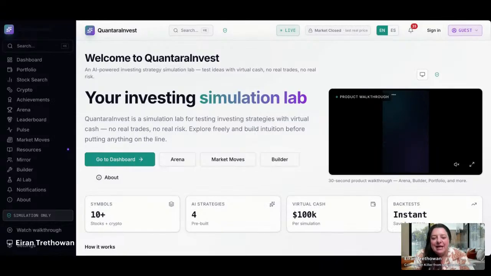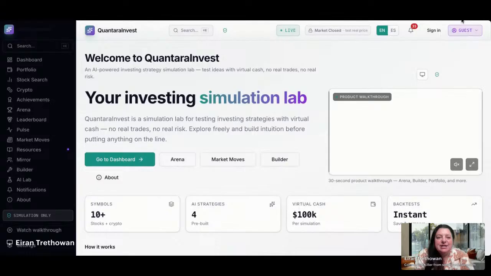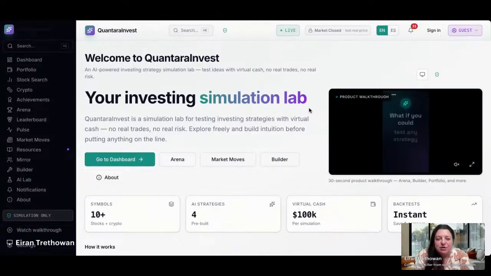And you'll see here that, let me jump into the other window so I can have a bit of a play with you. Okay, so they've got the usual welcome. As you can see, it's got the dashboard down the side. It's a guest, you can sign in, that kind of thing.